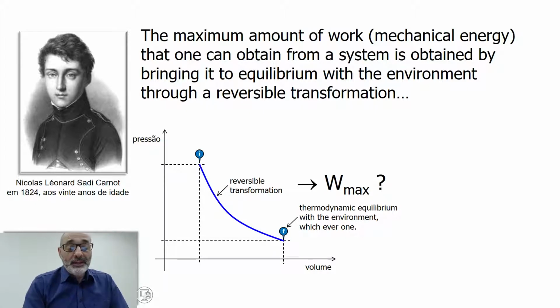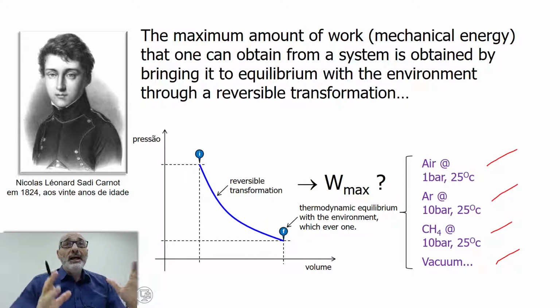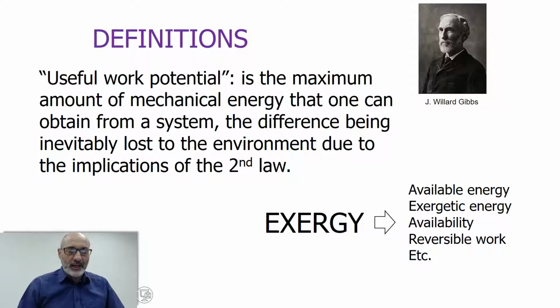And the equilibrium is with the environment, whatever this environment can be. It can be, for instance, as here today, possibly air at 1 bar 25 degrees, or, as I mentioned, air at 10 bar 25 degrees, or methane, or vacuum, and so on. Okay, so that's the whole point. We're going to elaborate on that.